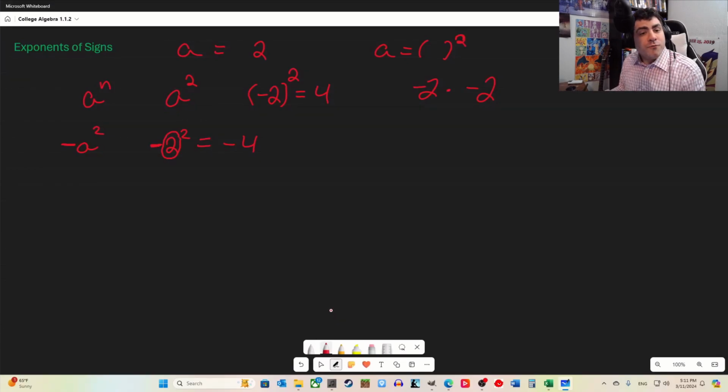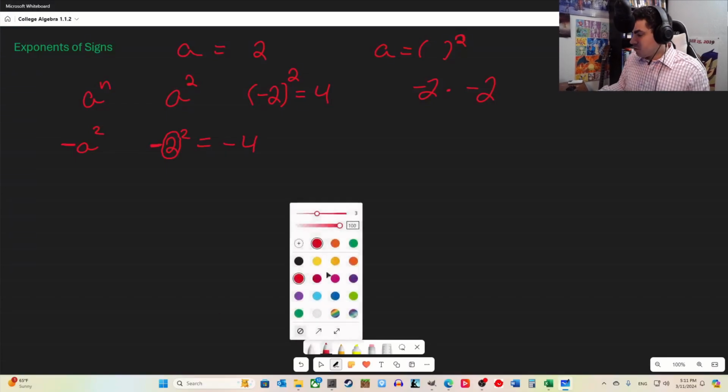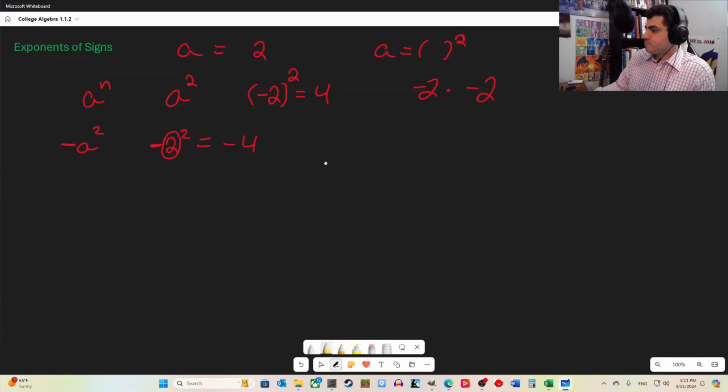If we have a negative number being squared, it will always give us a positive number. Remember though, what if we had a cube? Or what if we were multiplying 3 times? Remember, 3 was a type of odd multiplication problem. Let's use another marker. Say we had a equals -2, and we had a cubed.